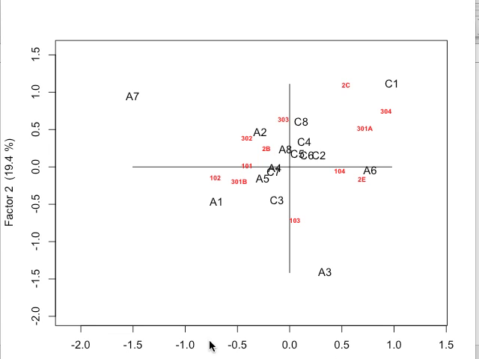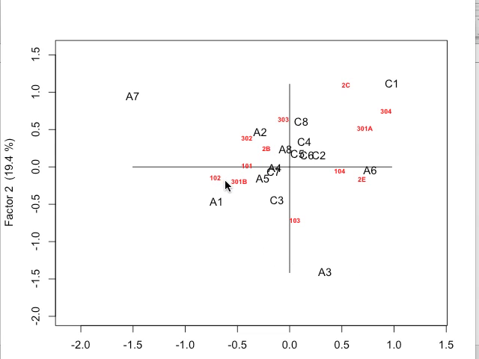Here, this is factor 1, the 20%, and here's factor 2, 20%. And so these are 2 dimensions, and then we can just see a couple of things here. We have the labels for the different writers, and in the red we have the labels for the different moves. So we can kind of see where they are in relation to the writers.